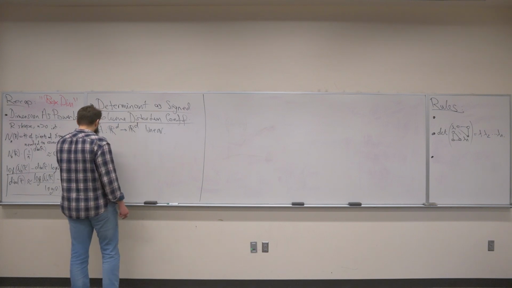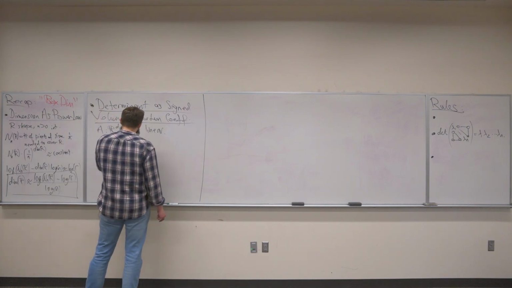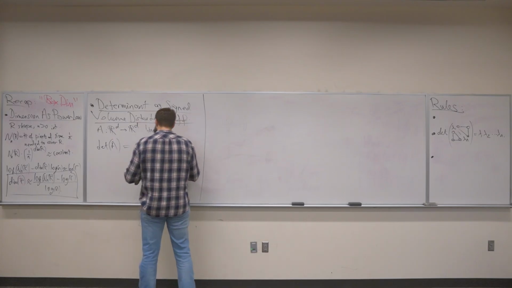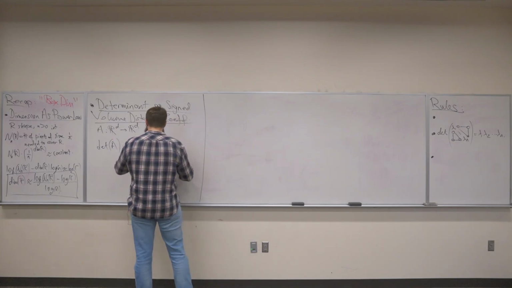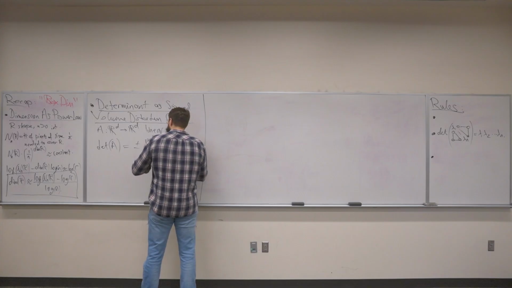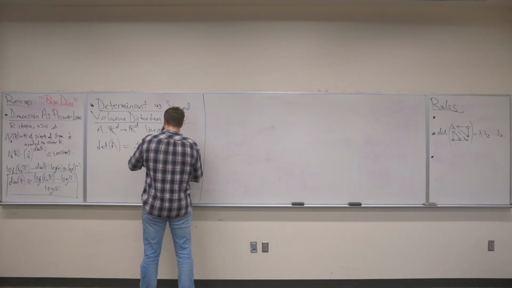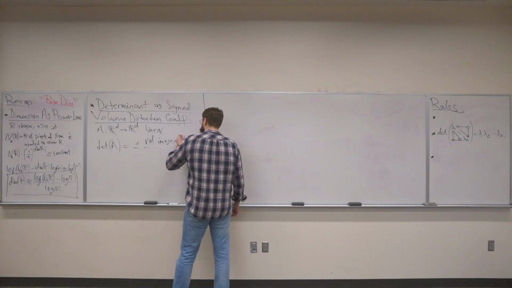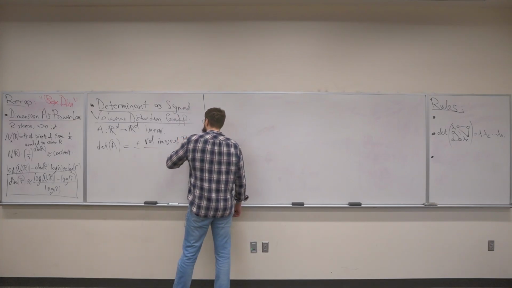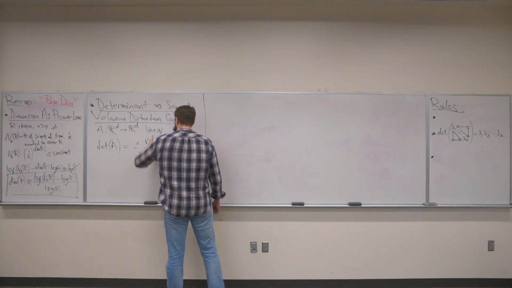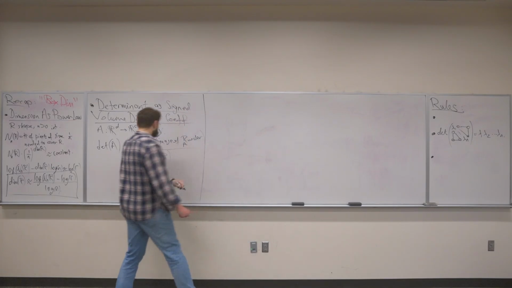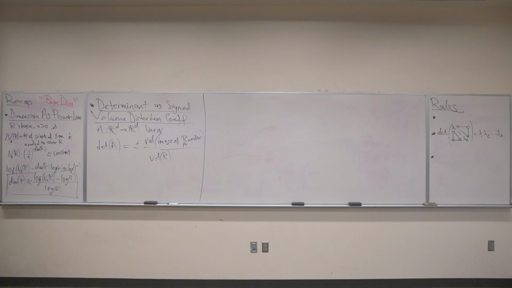So the determinant of A is plus or minus, there's some sign that we're going to have to make sense of in a second, but for now let's not worry about it, the volume of the image of, let's say, a region R under A divided by the volume of the region itself. Okay, this is how we started thinking about it.